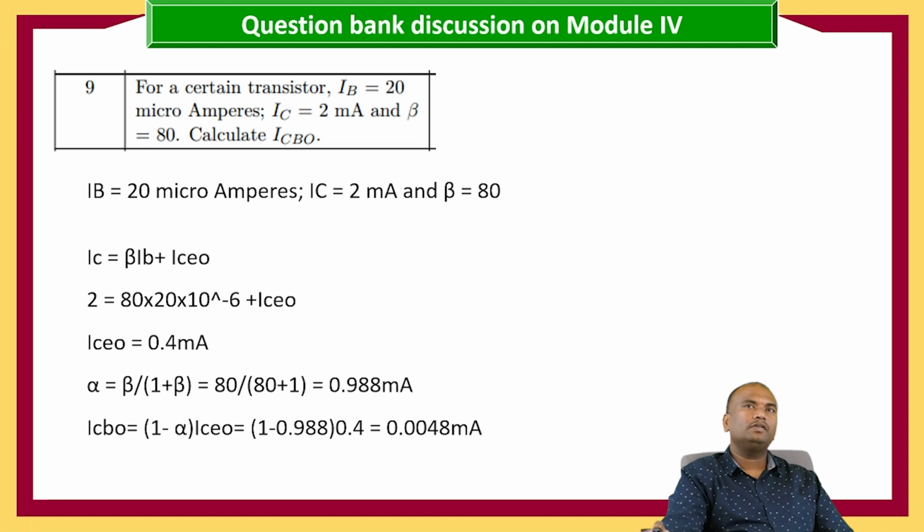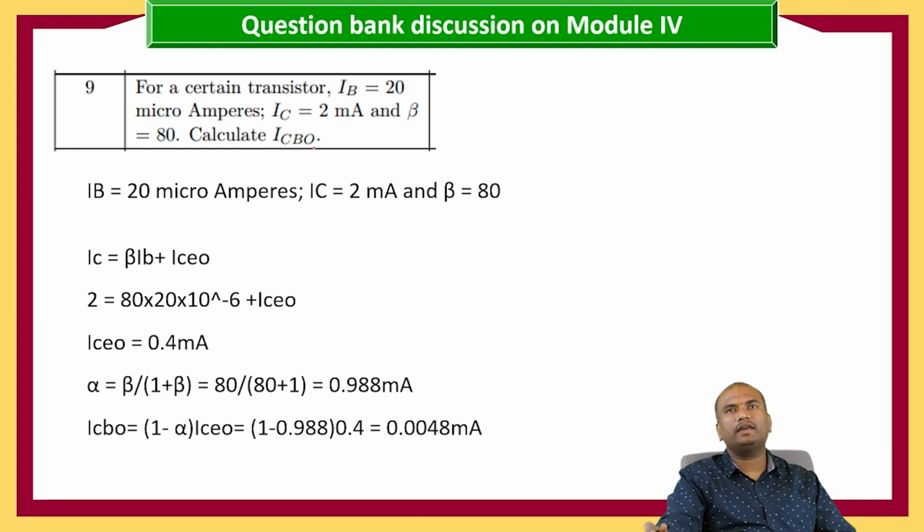Now the next problem is, for a certain transistor IB is equal to 20 microamperes, IC is equal to 2 milliamperes and beta is equal to 80, and we need to calculate what is the ICB naught.